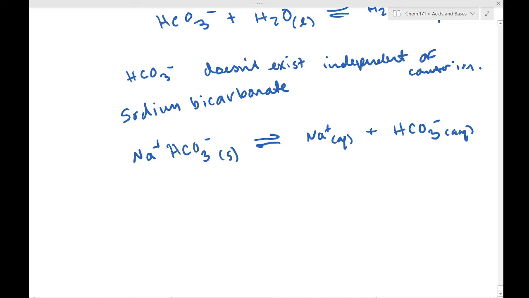So this is the salt. Sodium doesn't affect pH, and bicarbonate raises pH. It raises the pH because it's acting as a base.